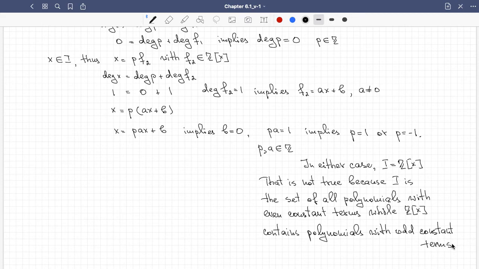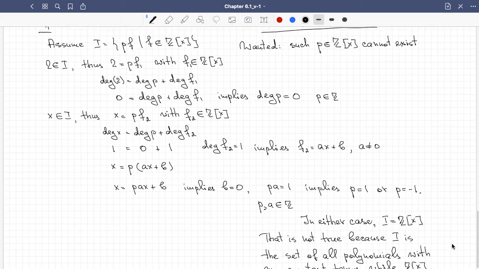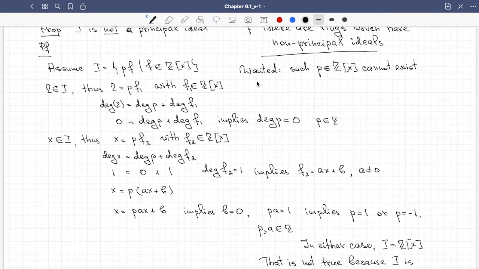This is a contradiction, and as we wanted, the contradiction implies that such a polynomial does not exist.